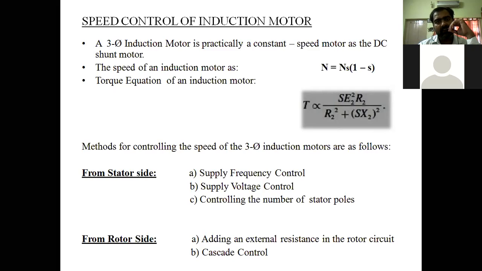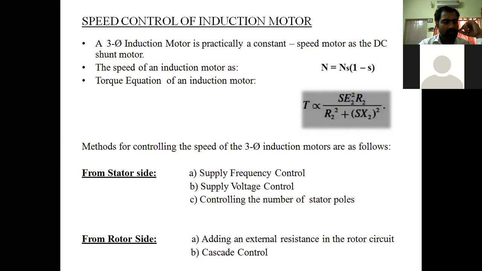Controlling the speed of the induction motor is not as easy as for the DC shunt motor. In practice, in industries, controlling the speed of the induction motor is somewhat difficult compared to the DC shunt motor.